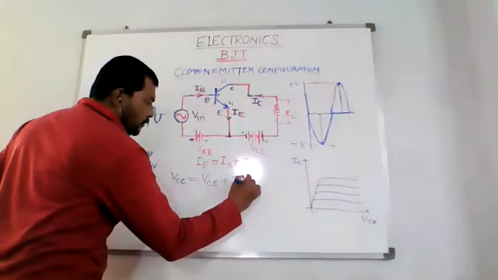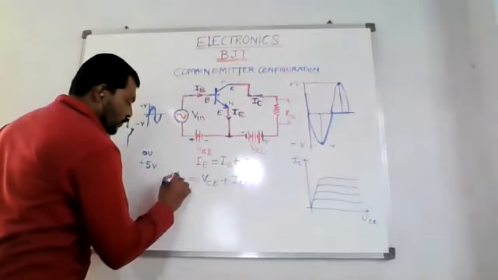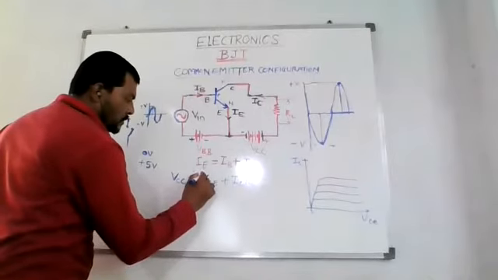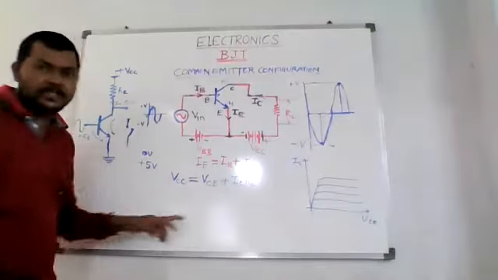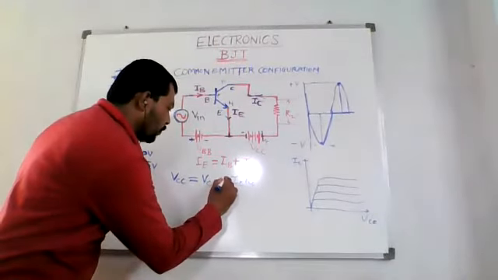Is that okay? So I have written this equation, VCC equal to VCE plus ICRC. Is it visible? Can you see it?